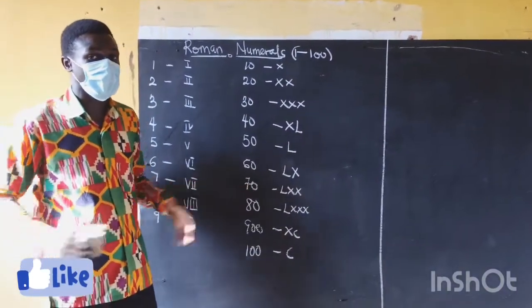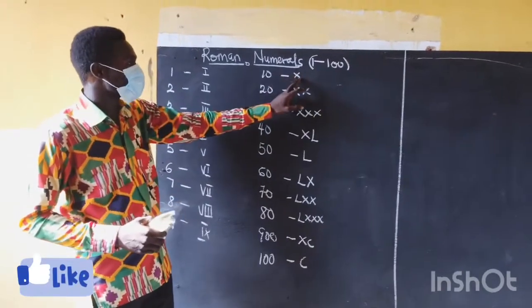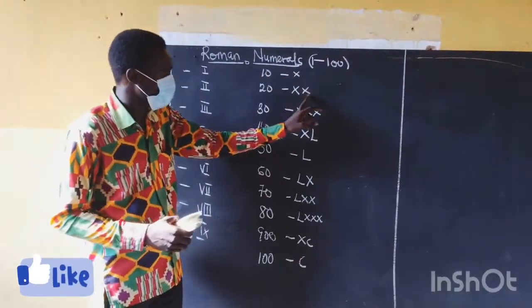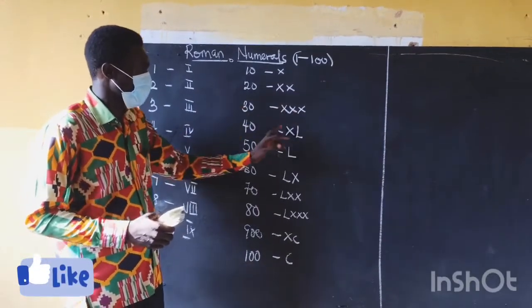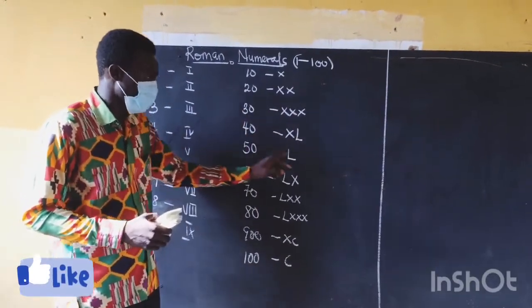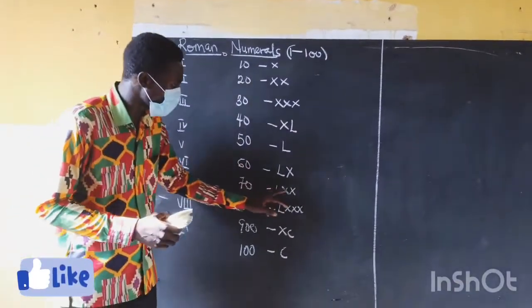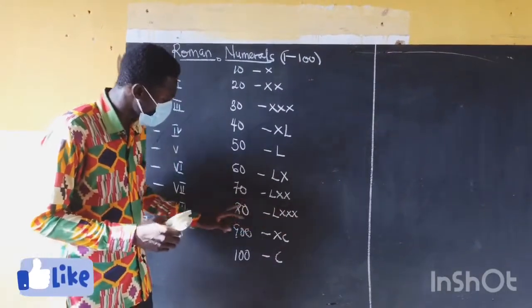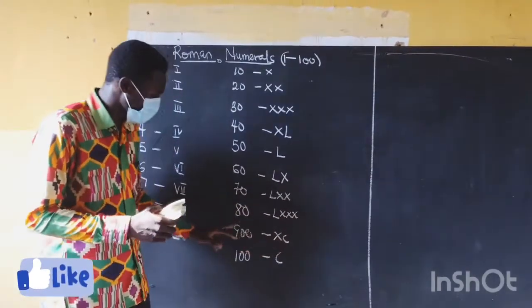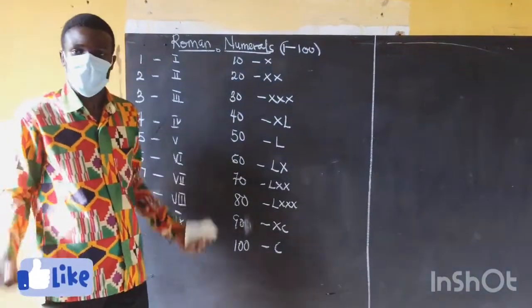X stands for 10, XX stands for 20, XXX stands for 30, XL stands for 40, L, 50, LX stands for 60, LXX stands for 70, LXXX stands for 80, XC stands for 90, and C stands for 100.